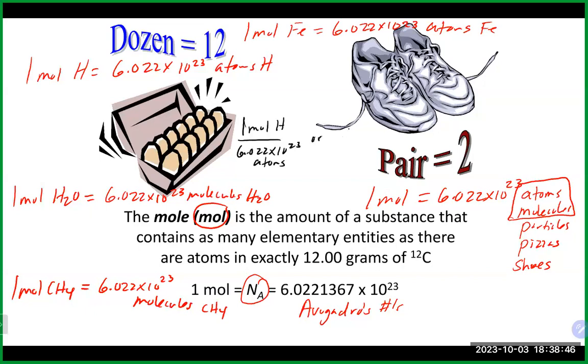Or you could use it the opposite way, 6.022 times 10 to the 23 atoms of hydrogen would be 1 mole. So we really use Avogadro's number as a conversion factor, basically to go between moles to atoms or molecules, or backwards, from atoms and molecules to moles. So this is what you want to use if you're doing either way conversion, is you want to use Avogadro's number to do that.